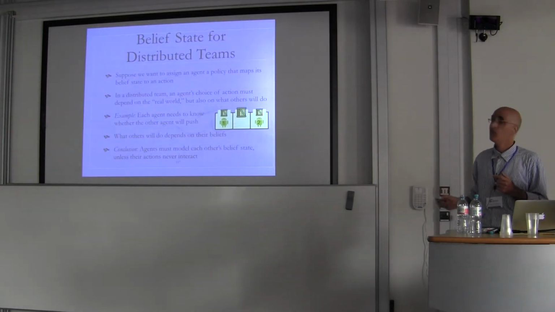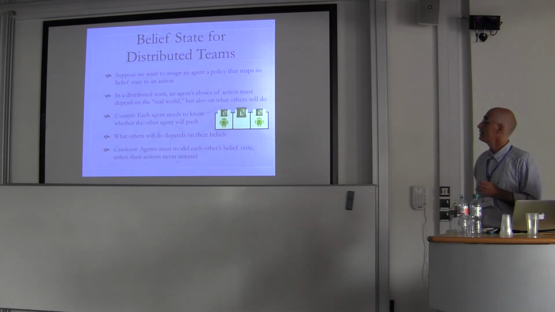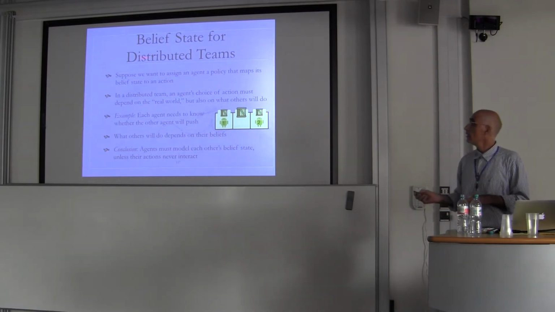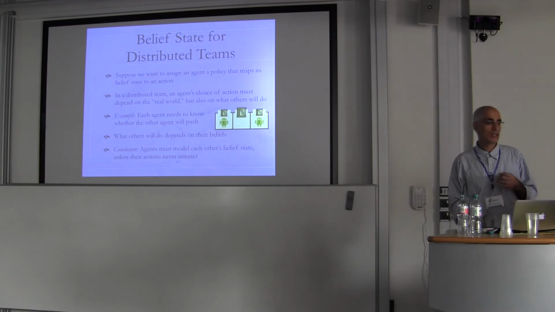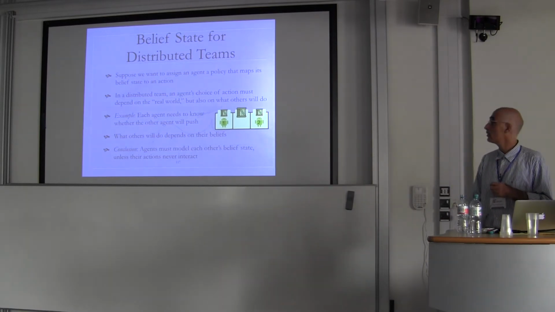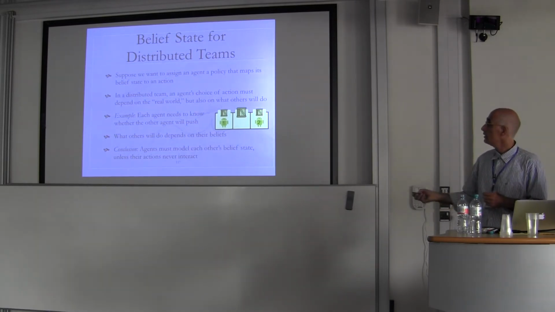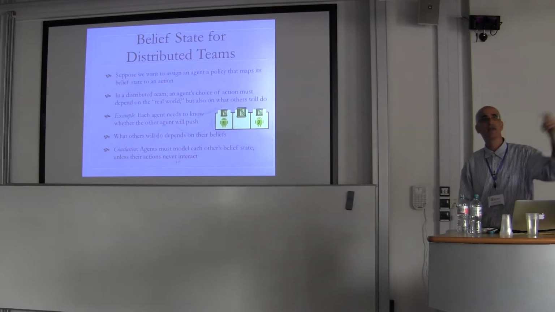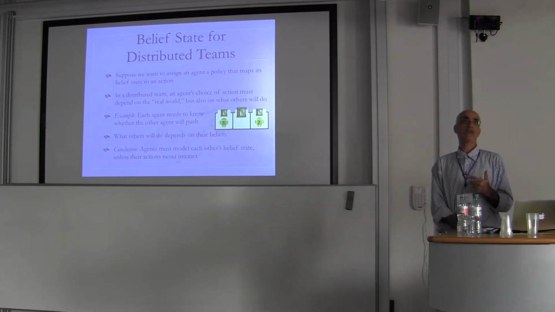So what kind of notion of belief state will we have in this case? Suppose that we want to assign an agent a policy that maps its belief state to an action. In a distributed team, an agent's choice of action has to depend not only on the real world, but on what the other agents will do. As I mentioned, each agent needs to know, will the other agent be pushing this box if it's in this location? And what influences what the other agent will do? Its own beliefs.